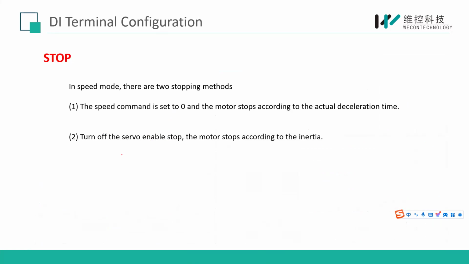The second is to turn off the servo enable, and the motor stops according to the inertia. So if we don't set the speed to 0, the motor will be running all the time. Otherwise we just turn off the servo enable.